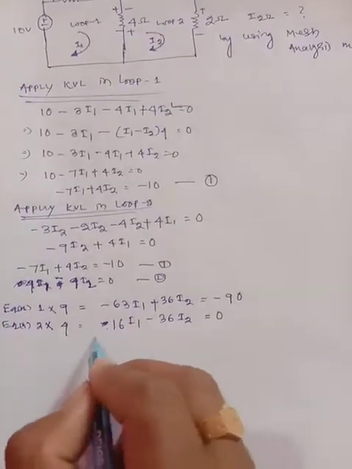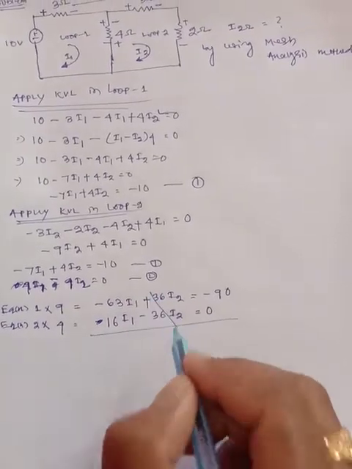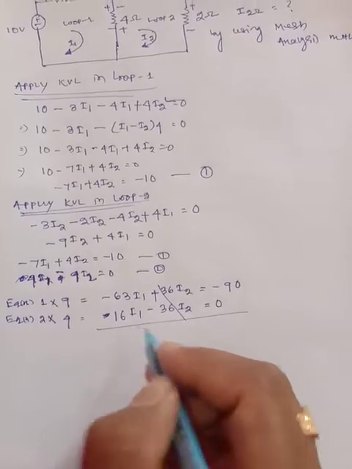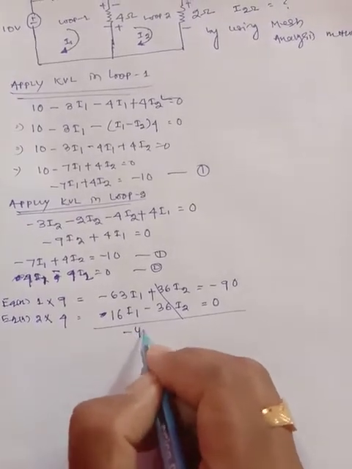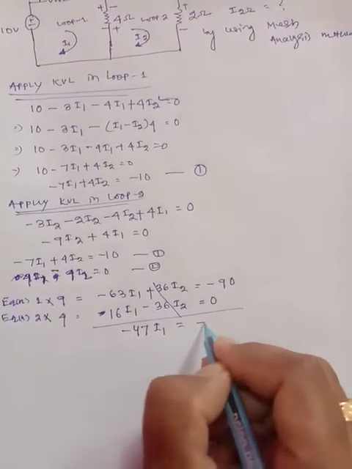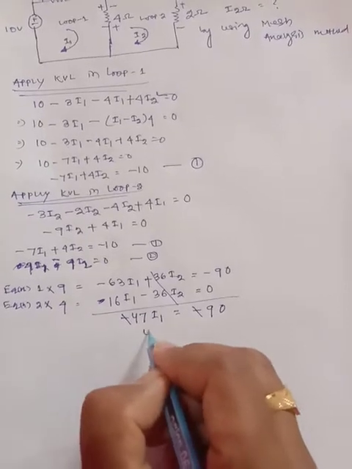So plus 36I2 and minus 36I2 cancel, and minus 63I1 plus 16I1 gives minus 47I1 equals minus 90.